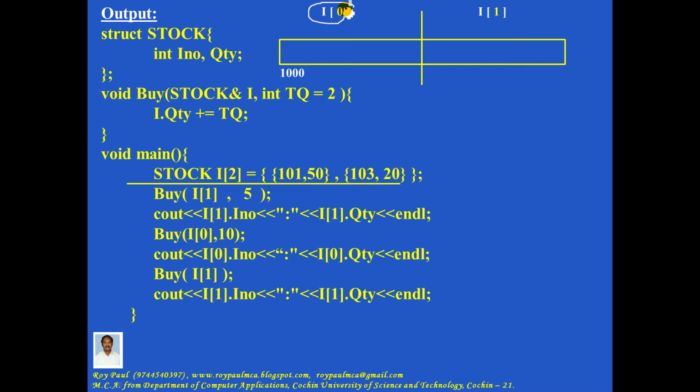This I of 0 is again divided into two parts, because I is an array of this structure, and the structure consists of two structure members, item number and quantity. So the first one is I of 0 dot item number and the second one is I of 0 dot quantity.